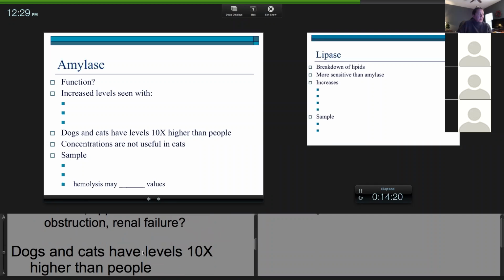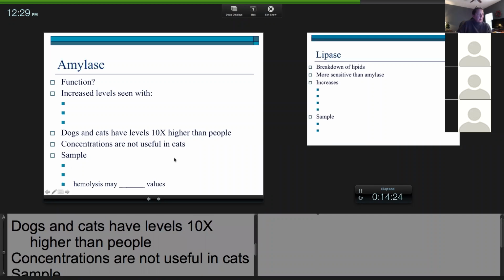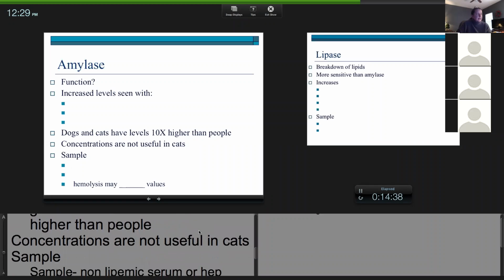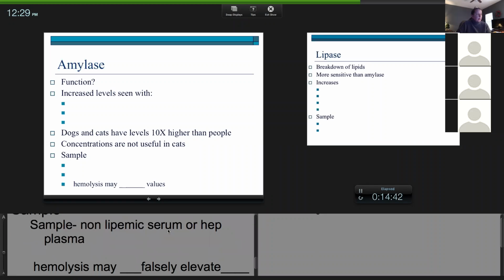And dogs will have a much higher level than people, which is interesting, because people can get pancreatitis, and they would monitor it in us as well. So if you went and they talked to you about your amylase, that could definitely be true. In cats, it's not as sensitive as it is in dogs. For the sample, serum is preferred, or the plasma that comes from the heparin tube.